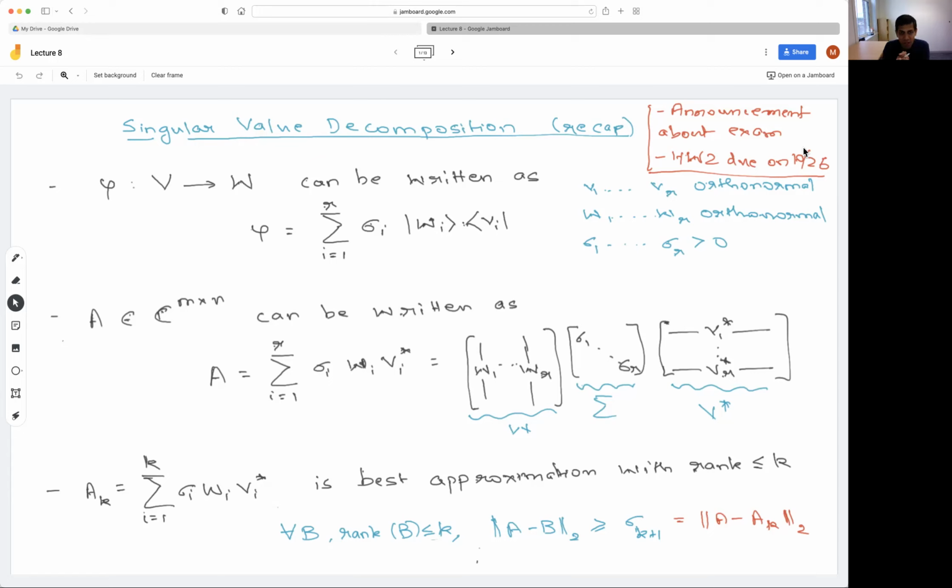It's a nice way of understanding the action of this linear transformation in terms of this kind of orthonormal set of vectors v1 to vr and w1 to wr, respectively called the right and left singular vectors. And you can write it as a sum of these simple transformations, or outer products, where for a vector u, each term just takes its inner product with vi and multiplies it by the vector wi.